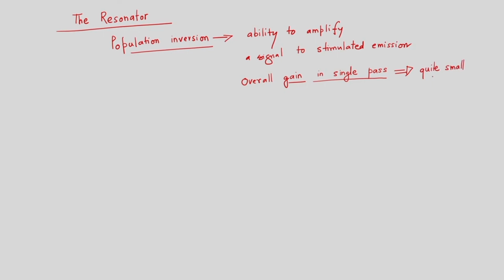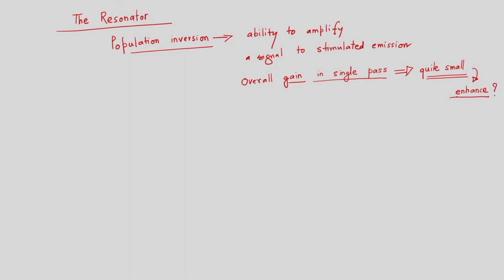Now, our objective is to enhance this. So, we have to enhance the gain, we have to produce as many photons as possible so that we can get a high power density laser beam. So, what is required to enhance this?